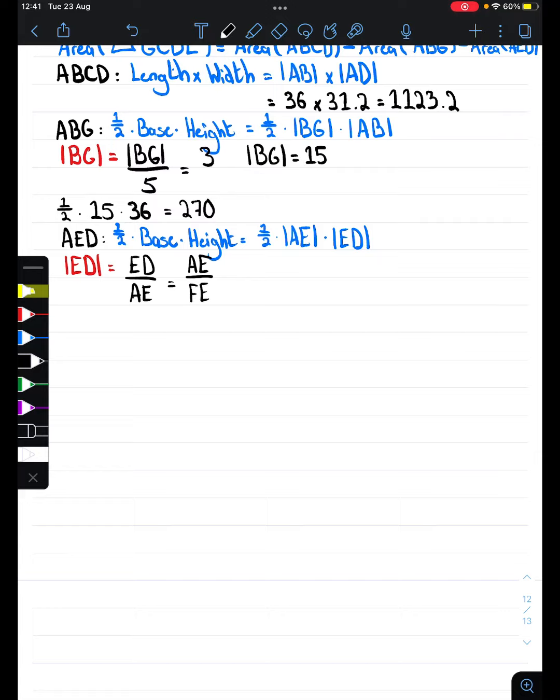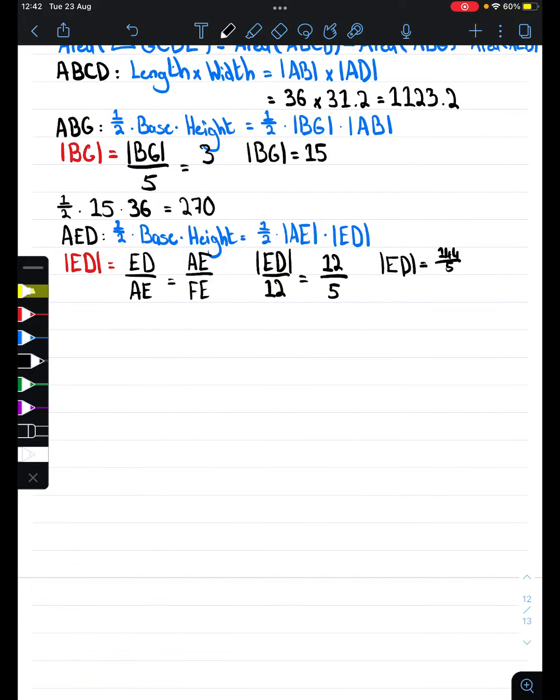So ED over 12, AE, is equal to 12 over FE 5. So multiply across by 12 and ED is equal to 144 over 5.